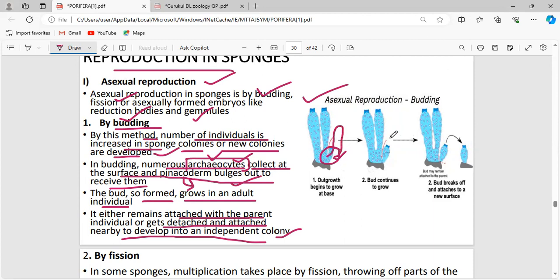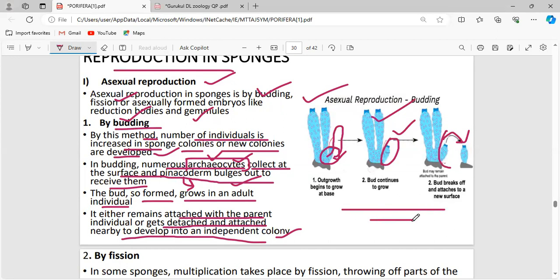This individual can be allowed to grow on its parent individual, attached to the parent, or it can be separated from the parent and attached to some other colony. Okay, this is how budding will occur.